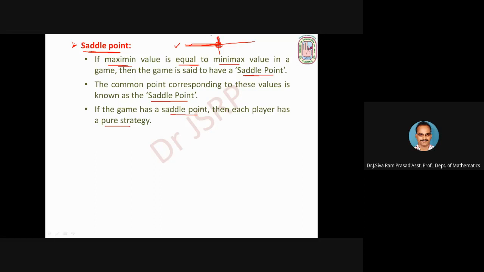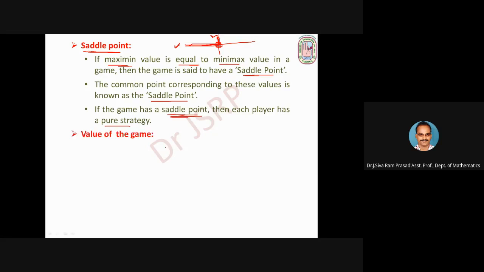So player A selects only this strategy and player B selects only this strategy, ignoring their other strategies. That means each player follows a pure strategy. Okay, so if a game has a saddle point, then the players follow pure strategy.